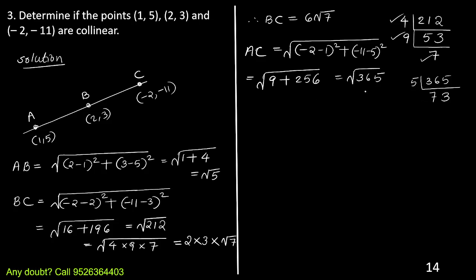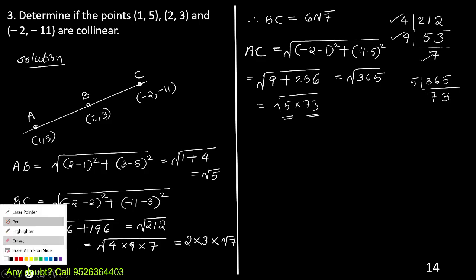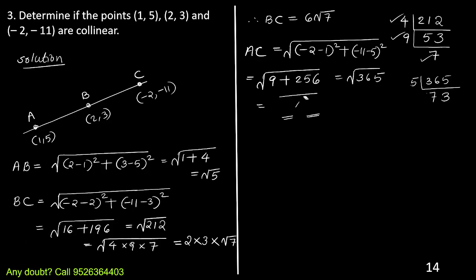So 265 is simply 5 into 53. You cannot take the separate square roots, they are not perfect squares, so there is no use in dividing this number. So it cannot be simplified further.